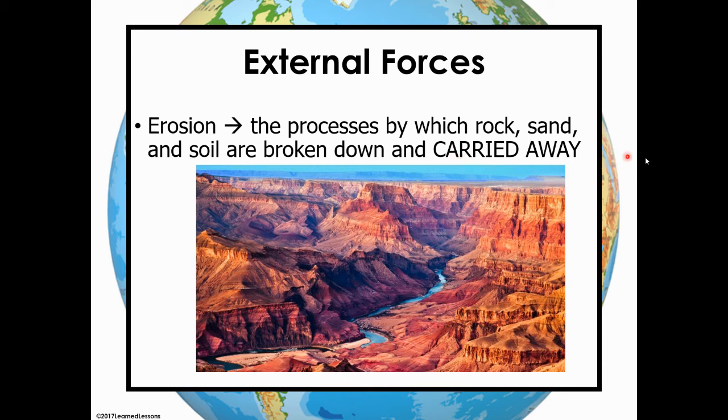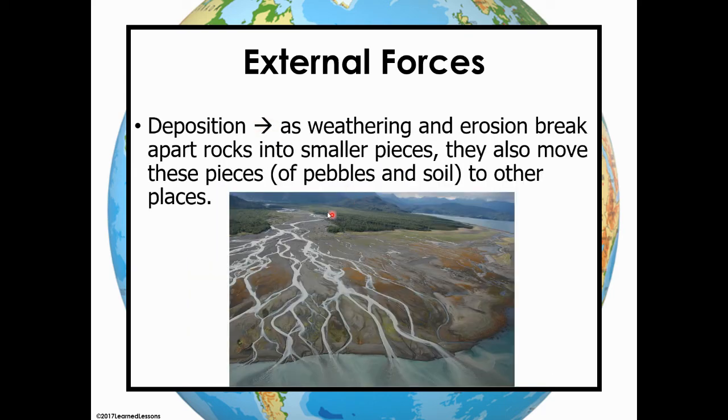Now, when it gets carried away, it has to go somewhere, right? It doesn't just disappear into the void. So that's called deposition. So this used to be a great big river. But as it carried soil and pebbles and other little things, it didn't have enough momentum to make it all the way out to the sea that's here.